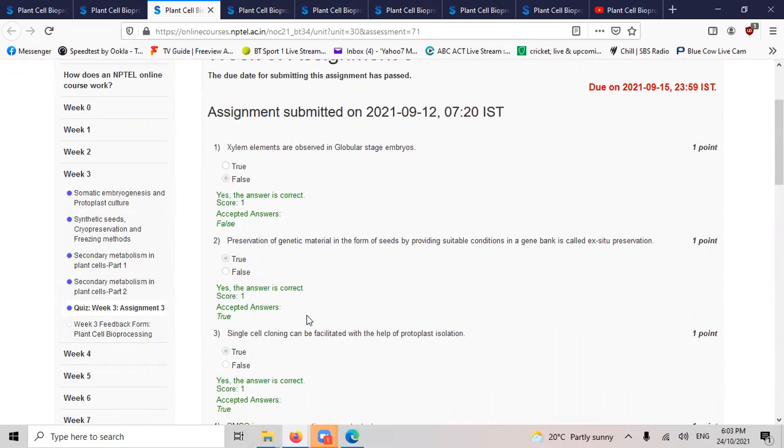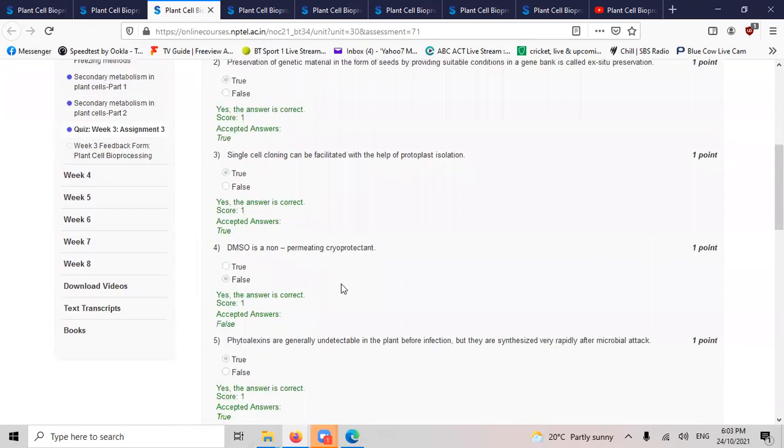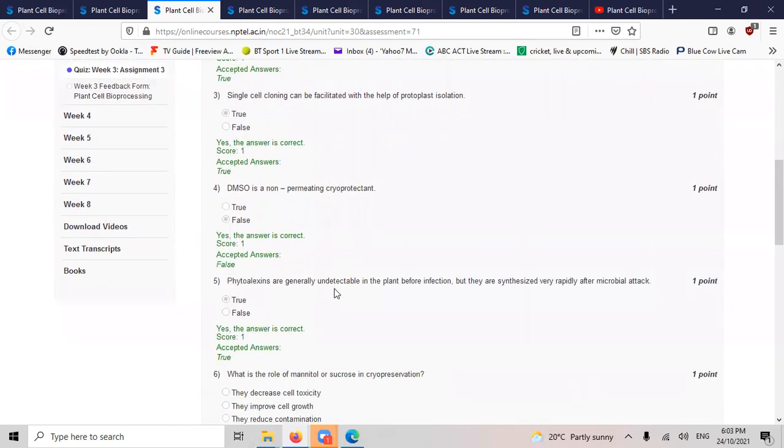It's false. Oh shit, I got that one wrong. Cell tissue cloning can be facilitated with the help of protoplasts, definitely. DMSO is a non-permeating cryoprotectant. False. Good.